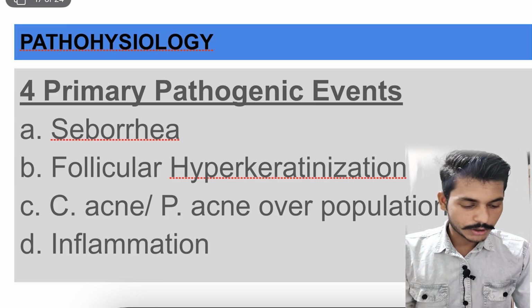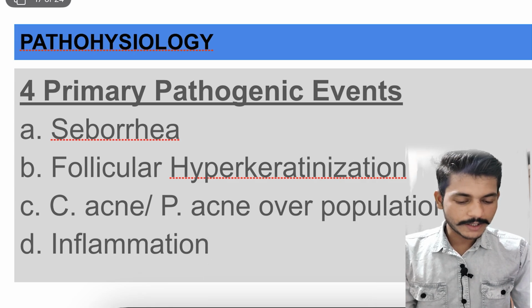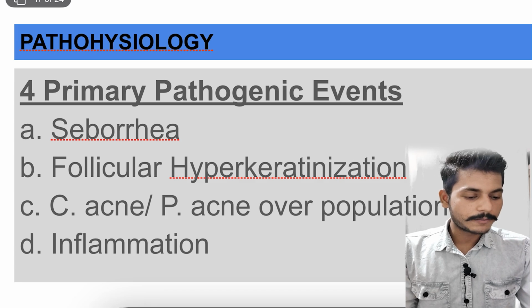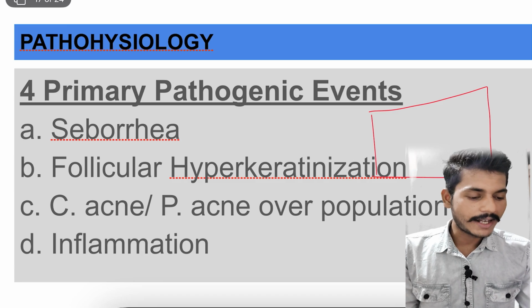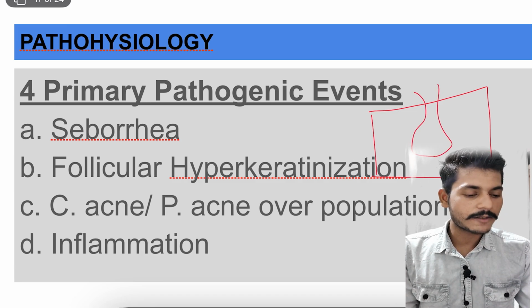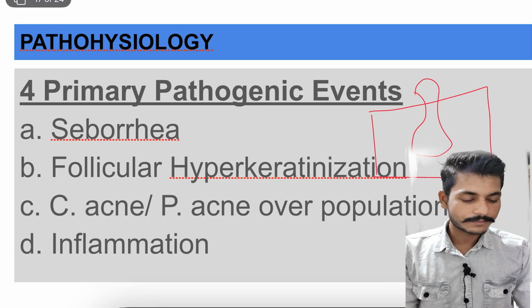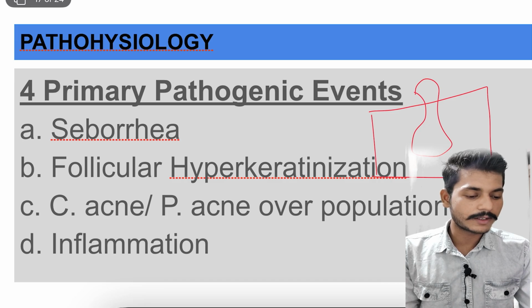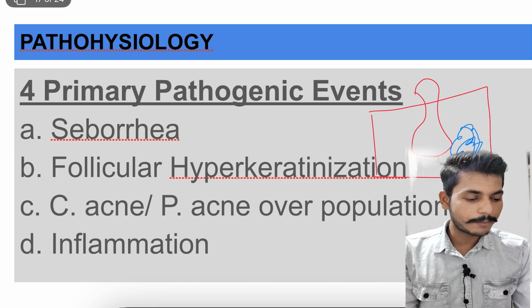So let's draw one diagram and try to understand the scenario. See, this is the skin. This is the skin environment, and we discussed one unit called the pilosebaceous unit. This unit consists of the sebaceous gland, and this sebaceous gland drains into this unit.